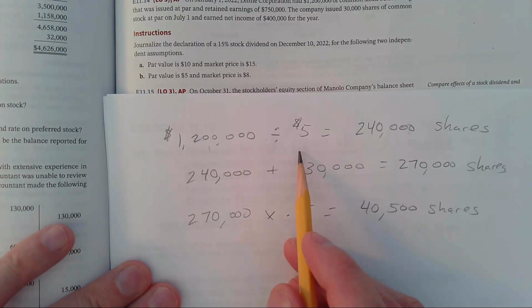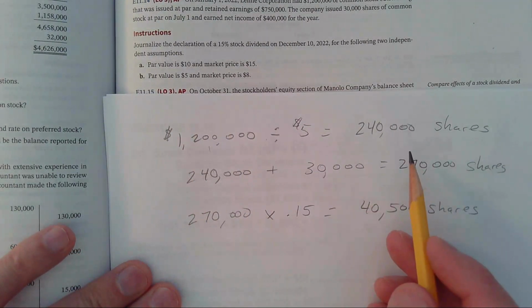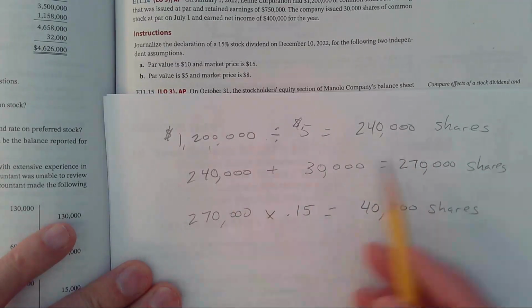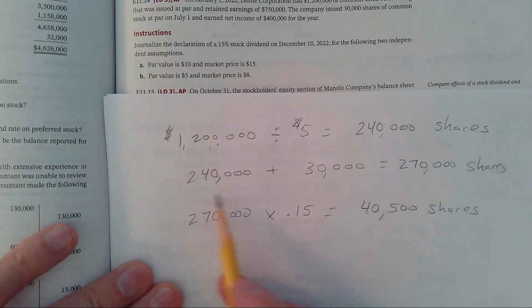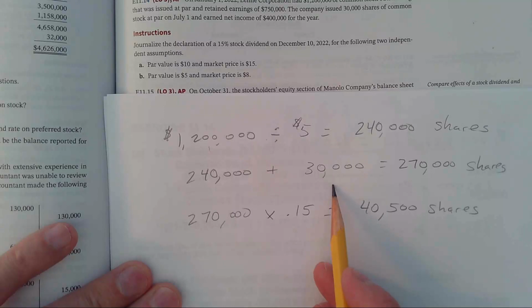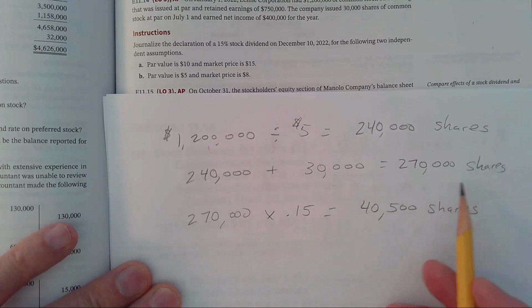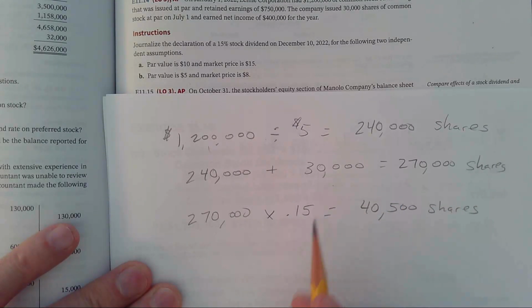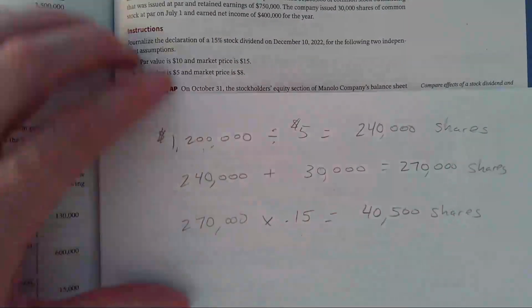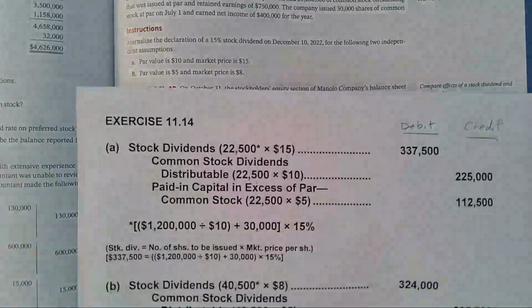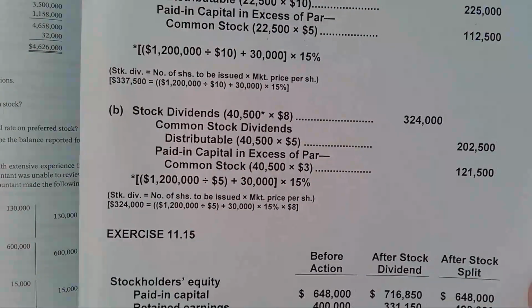I divided by 5, the par value, and I got 240,000. Plus the 30,000 that you issued means you have 270,000 shares. I then multiplied it by the 15%, and that means you would have issued 40,500 more shares.